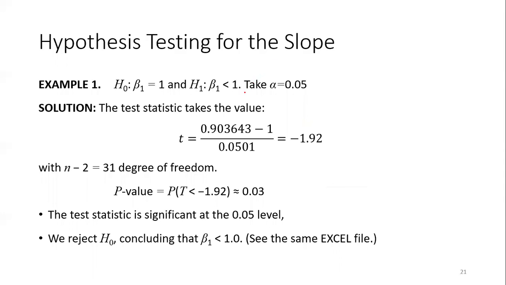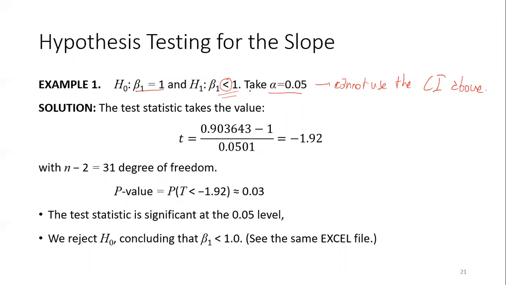Okay? So here, let's make a hypothesis test of whether beta 1 is greater than or equal to 1 versus beta 1 is smaller than 1, using alpha 0.05. Well, here we cannot use the confidence interval above, because that confidence interval is two-sided with the same alpha.